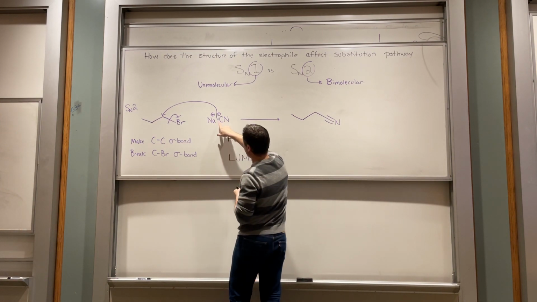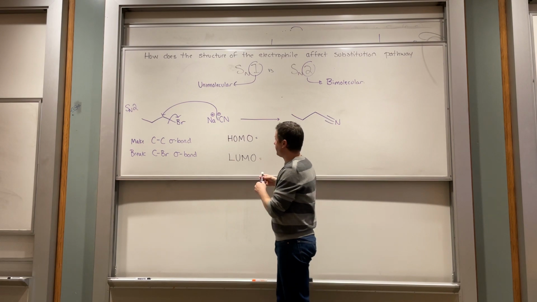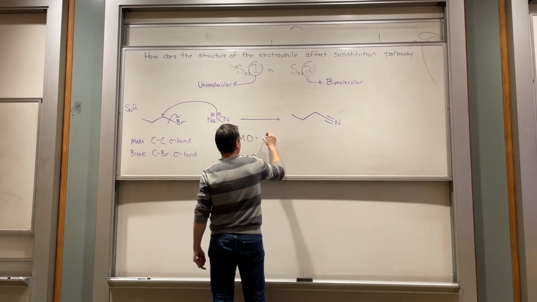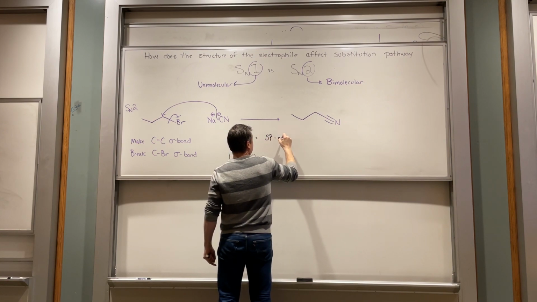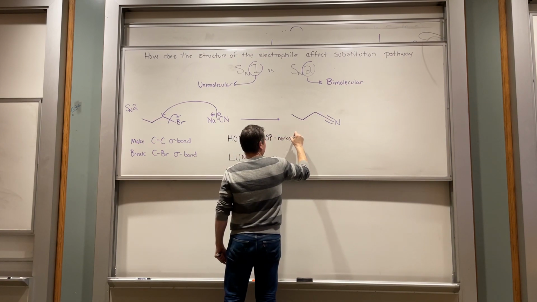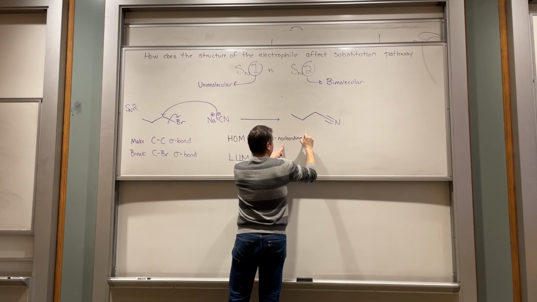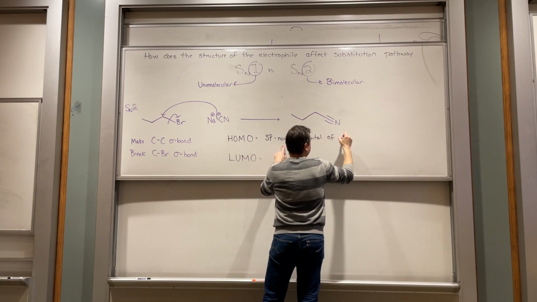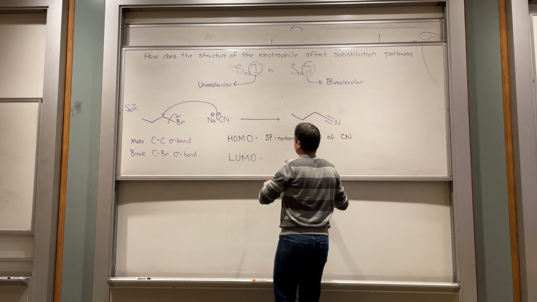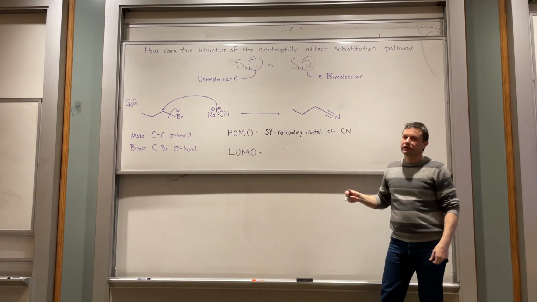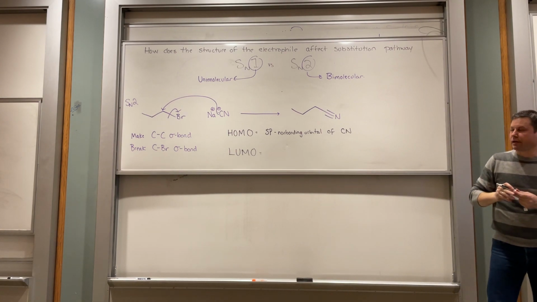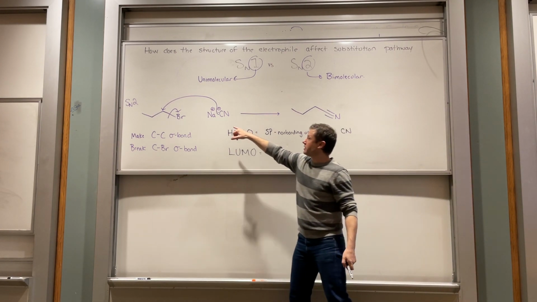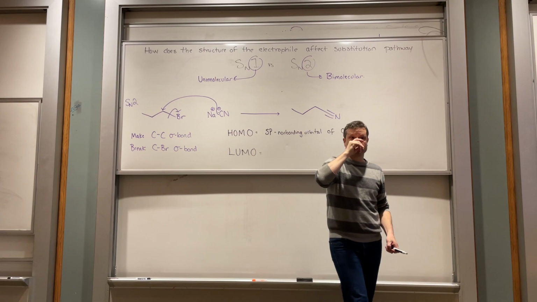The electrons on the nucleophile are in an sp orbital, so that's the sp non-bonding orbital of cyanide. That's the orbital that the nucleophilic electrons are housed in.